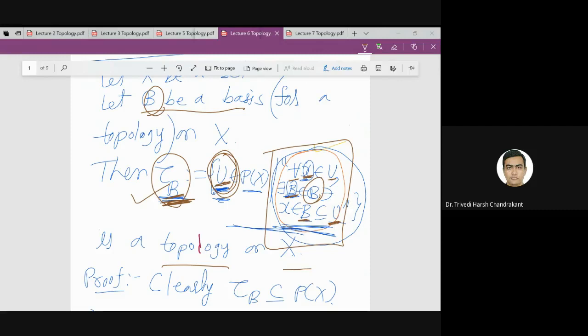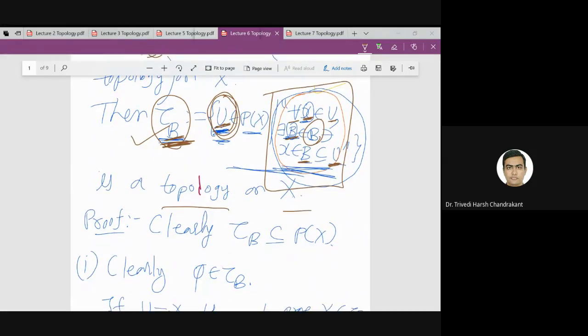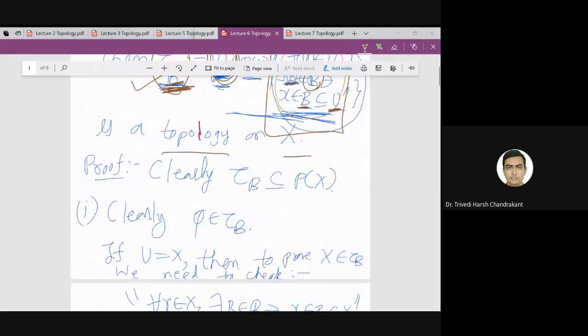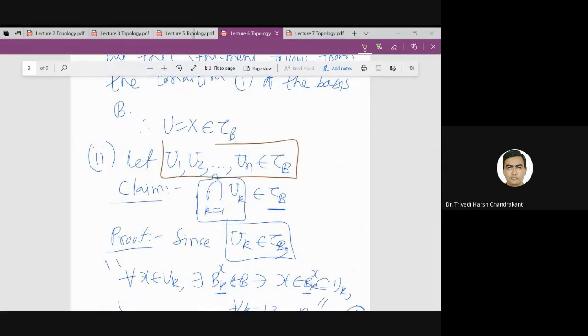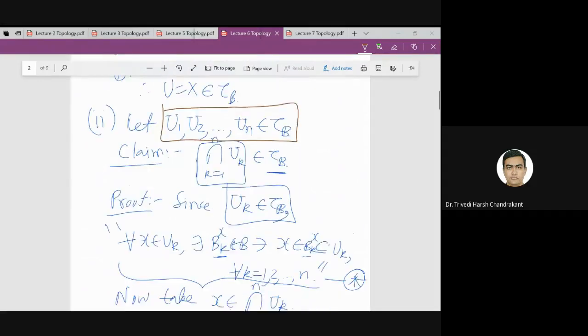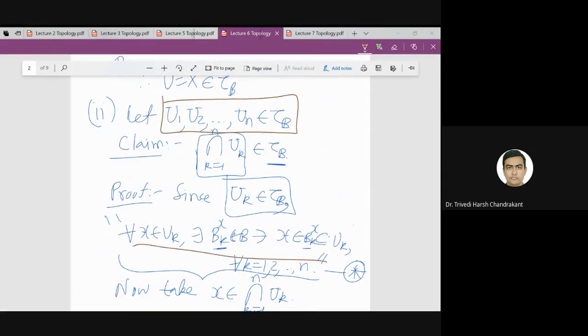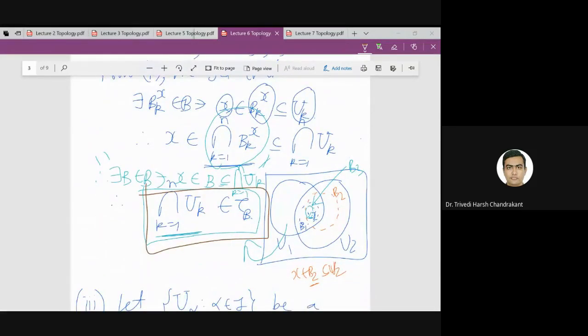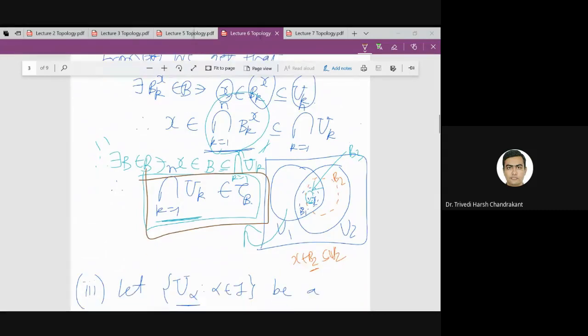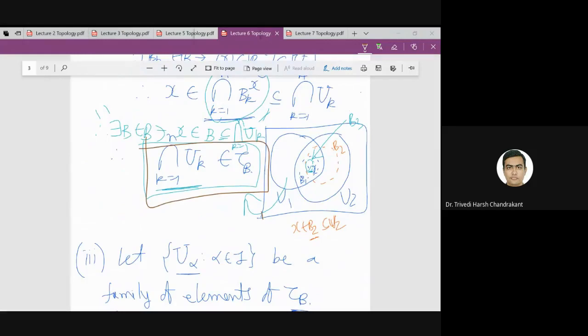Once we define tau B using this property, we can easily check that it contains the null set and the whole set X. If U1, U2, ..., Un are finitely many elements of this set, then using this property we can prove that the finite intersection also belongs to tau B. We discussed only, using a Venn diagram, the case n equal to 2, but by induction you can extend this argument to the general n case.